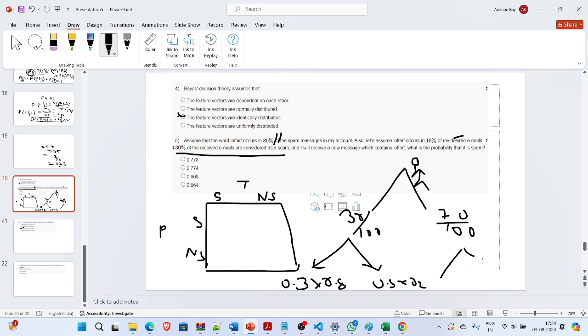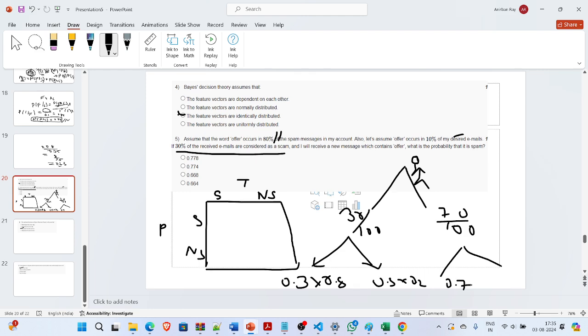Next, we have 0.7 and the offer word happens in 10%. 0.7 into 0.9, not spam and not offer. So what is the probability that it is spam?